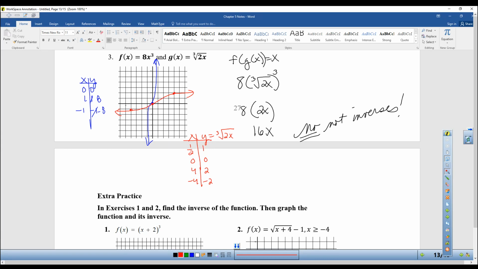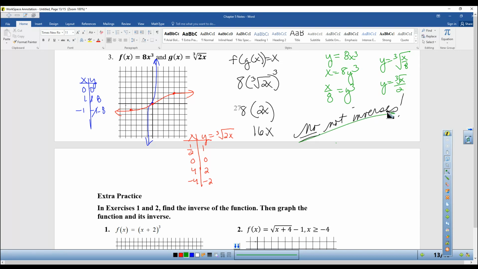Okay, one final note, and that is sometimes on the test, I'll say to somebody, show that these are inverses. And what they'll do is they'll just find the inverse. They'll say y is equal to 8x cubed, x is equal to 8y cubed, x over 8 is equal to y cubed, y is equal to the cube root of x over 8, y is equal to the cube root of x over 2.